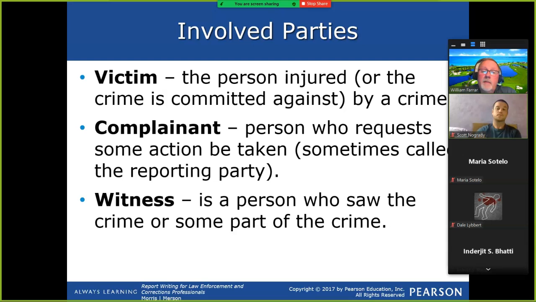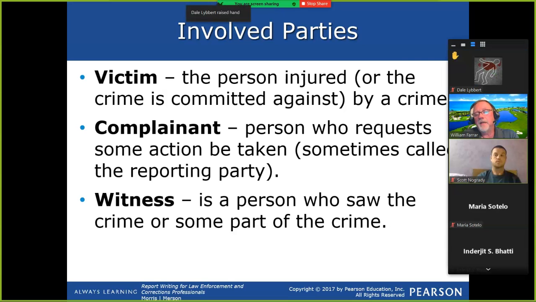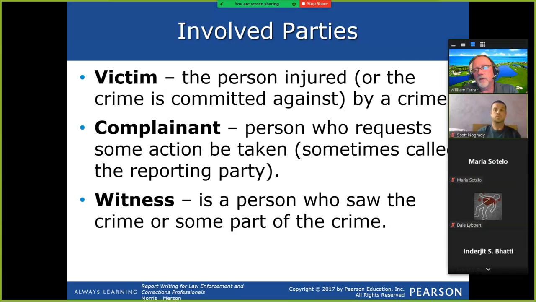Yeah, so technically speaking, the liquor store is the actual victim, and you are going to be, as the one that had the firearm pointed at you, you could be listed as a victim as well. Some agencies might have both, but technically the liquor store is the victim and you are an involved party. You could be the reporting party, or you could be victim too. It just kind of depends on how your agency likes to write.